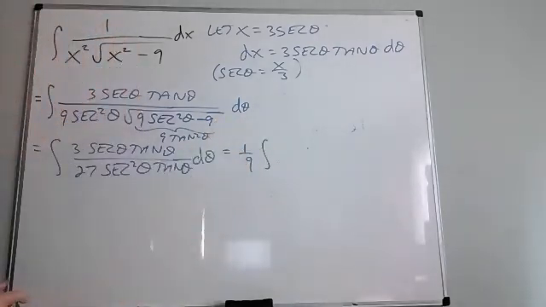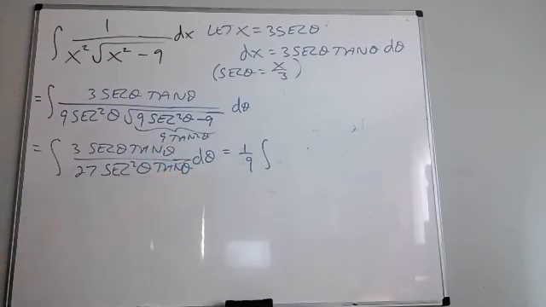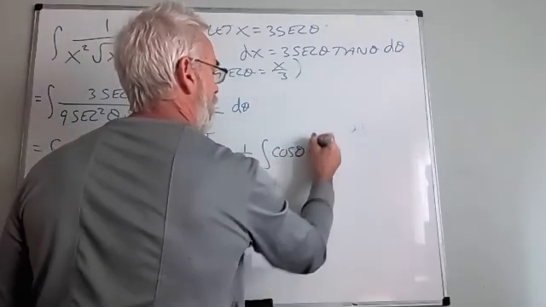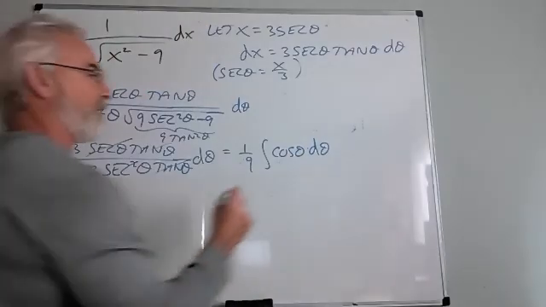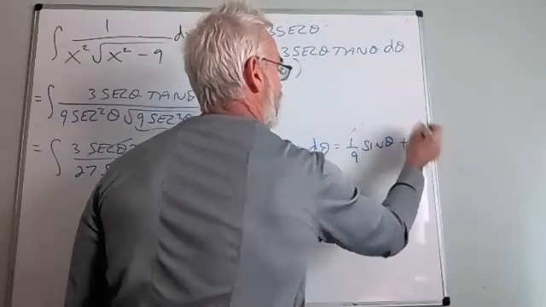But even better, I have a secant theta on top. I have a secant squared theta on the bottom. So the tangents cancel. That secant cancels with one of those, and I'm left with 1 over secant. But 1 over the secant of theta is simply the cosine of theta. So this one turns out to be a very simple antiderivative. This will just be 1/9 sine theta plus c.